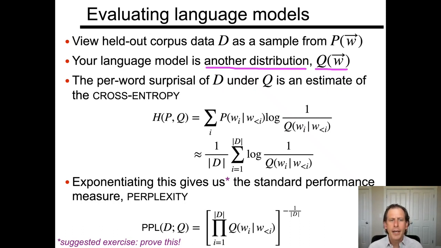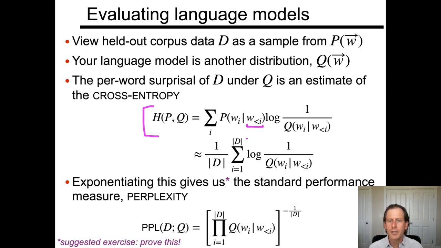Now, it turns out that if I calculate the average surprisal, word by word, of the words in D under the model Q, that is an estimate of the cross entropy of Q relative to P. To spell that out, to review, this is the definition of cross entropy. I'm using slightly different notation here.